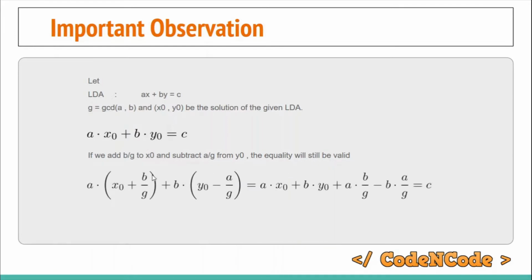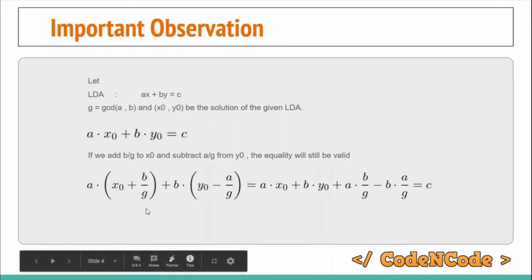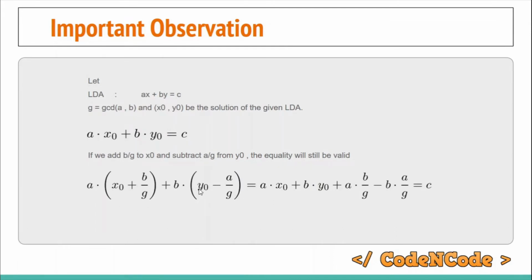How? See, here x0 has been replaced by x0 plus b by g. I have added b by g to x0, and y0 has been replaced by y0 minus a by g. Simply subtracted a by g from y0.